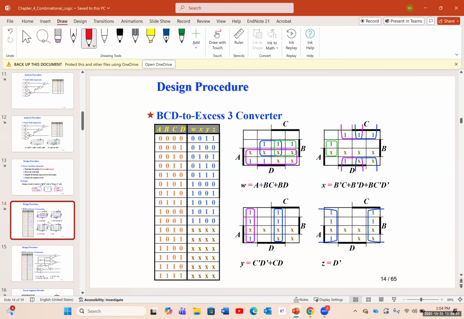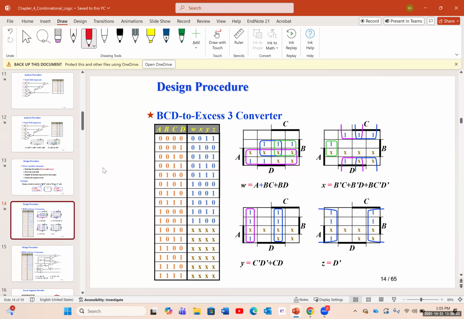I also gave you an example, and we solved an example on the BCD to excess of 3 converter. Again, using the truth table, we created the K-map, and for each output, we created a K-map. Here, the outputs were W, X, Y, Z, and from that K-map, we were able to determine the Boolean function for each output or each variable.